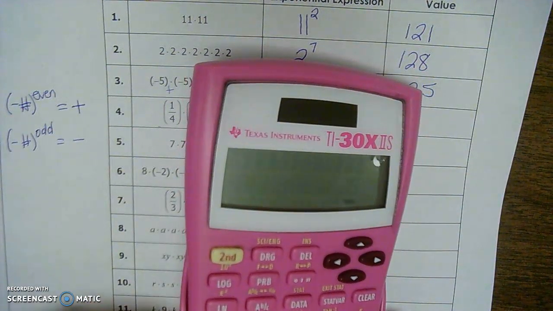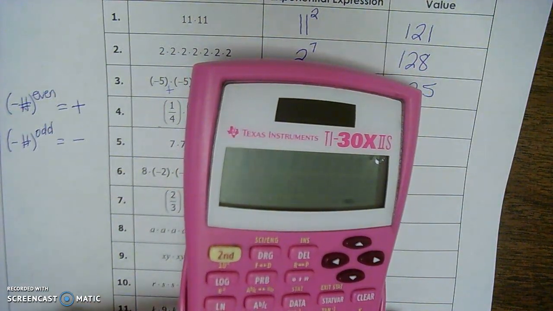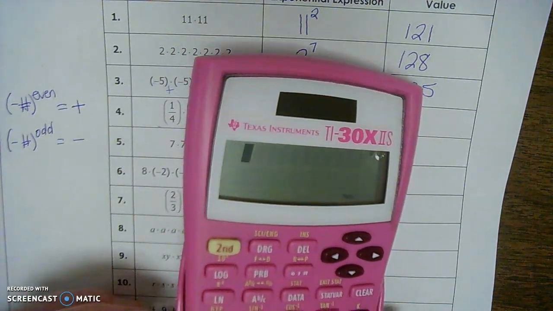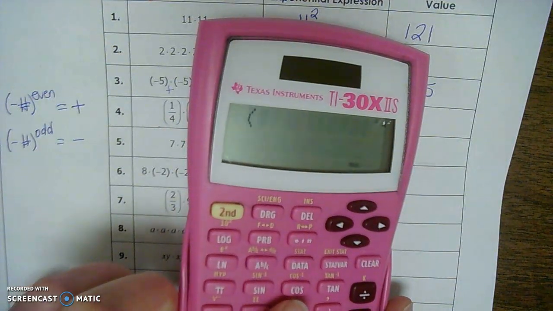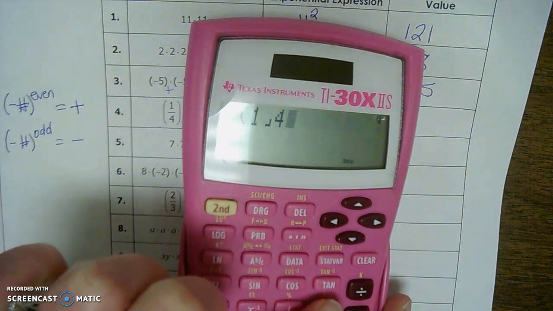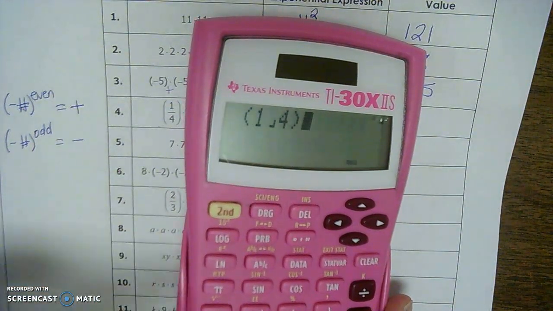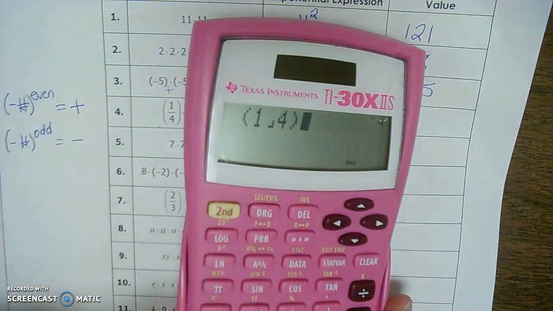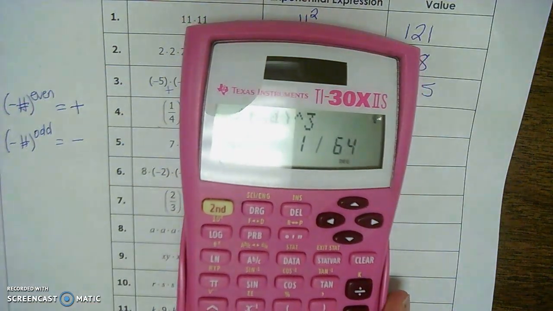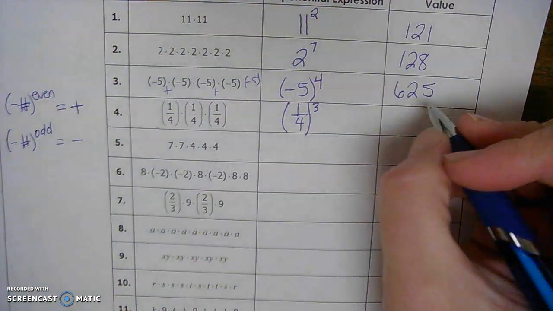Now, if you use division, then you're going to get a decimal, so you'll have to change the decimal back to a fraction. If you use your fraction button, if your calculator has a fraction button, or on these calculators you do parenthesis 1 ABC 4 parenthesis. Okay, so 1/4, 1 ABC 4, and then your exponent and 3 gives us 1/64.